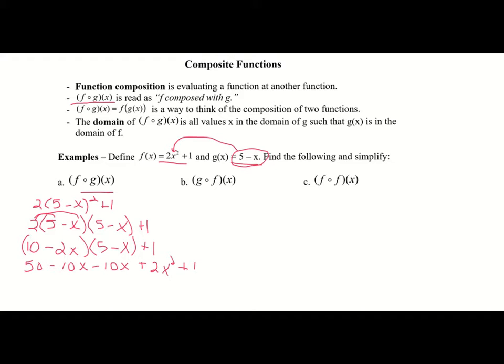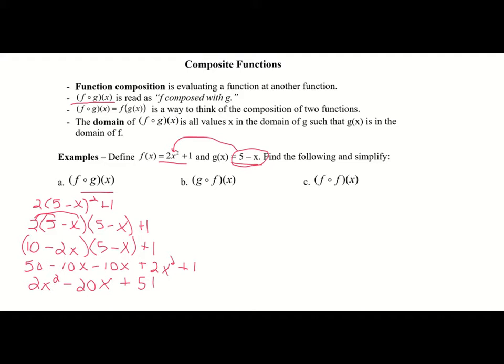Then we combine like terms and write it in descending order. I'll start with the 2x squared and put it first. Then I look for my x terms: negative 10x and negative 10x give me negative 20x. And then 50 plus 1 is plus 51. That is my final answer.